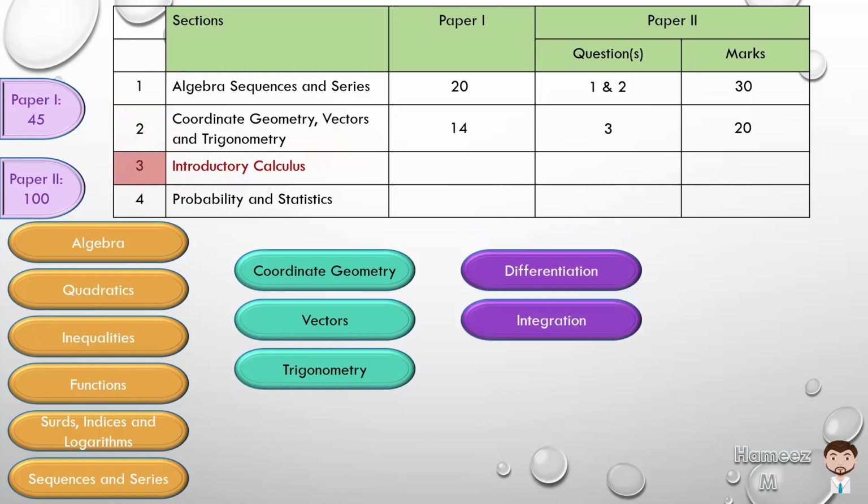We now move on to introductory calculus, and that is broken up into 3 areas: differentiation, integration, and kinematics. Differentiation is worth 5 marks, or 5 multiple choice questions are assessed in this area. 6 in integration, and there are no questions being assessed on kinematics in this paper 1. So 5 and 6 gives us 11. And if we total that, 20 and 14 is 34, and 11 is 45.